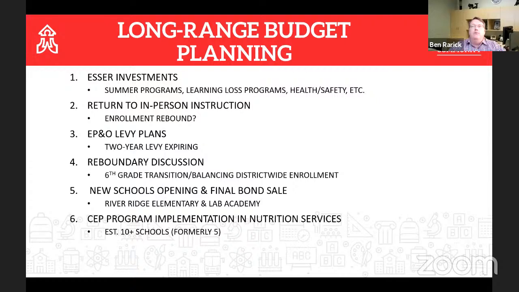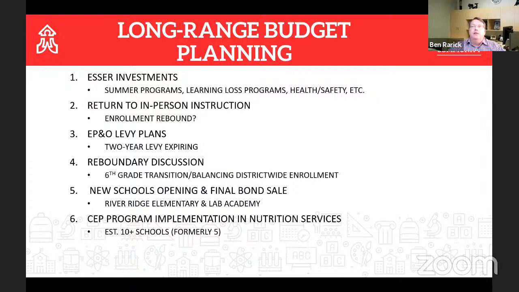So there will be important conversations about summer programming, learning loss programming, investments in health and safety, that are not a 1-year conversation, but rather a 3.5-year conversation. If you think about fiscal year 2024 and how to stagger this money over the period of time for which it is eligible to be claimed. So that's an important conversation.